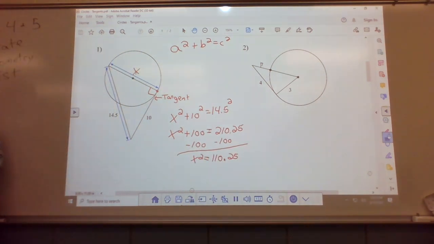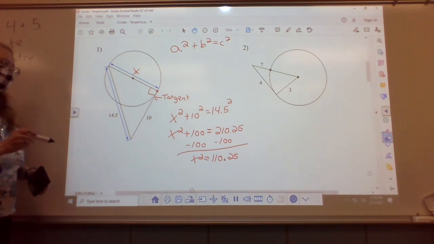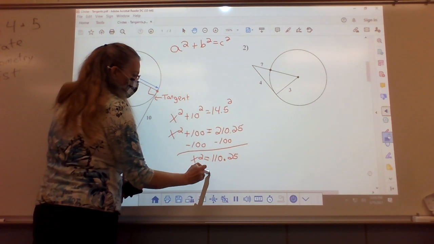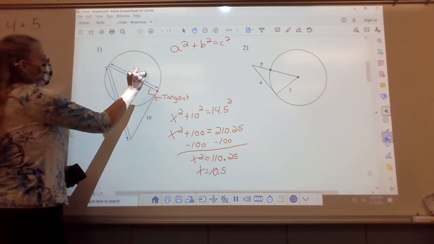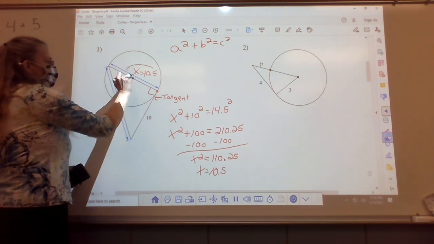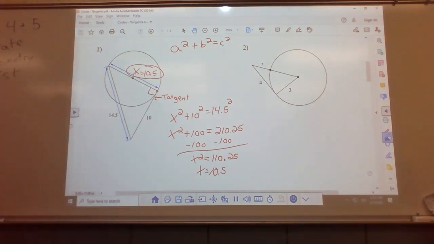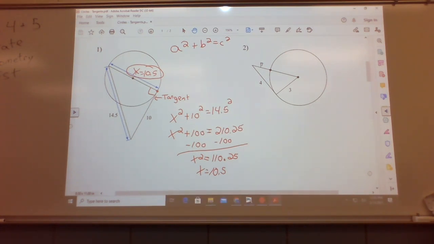Now remember, the last step is to get rid of the square. So I take the square root of 110.25, and I get 10.5. So this is the last thing I needed. Even though it looked different than some of the ones we've done before, because there was a circle sitting behind it, it was still something that we'd done in the past. There's really nothing new there.